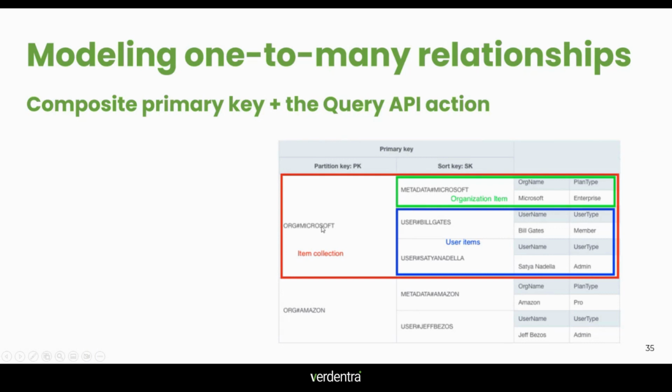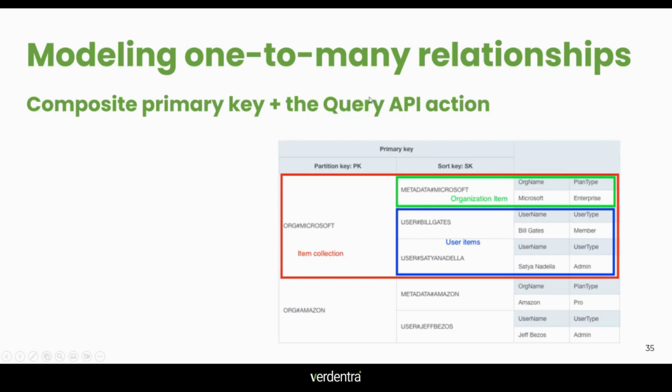So if you want the users of Microsoft, you'll compare this part and this, and you'll get this item collection. And if you just need the metadata of Microsoft, you need to compare this and this.